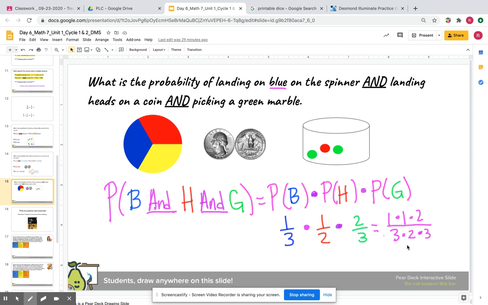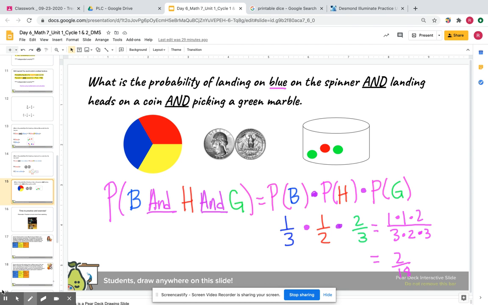If you're not strong in multiplication, I definitely recommend using a calculator. If you are strong in multiplication, don't use it. So the top is 2. The bottom is 6 times 3, that's 18.